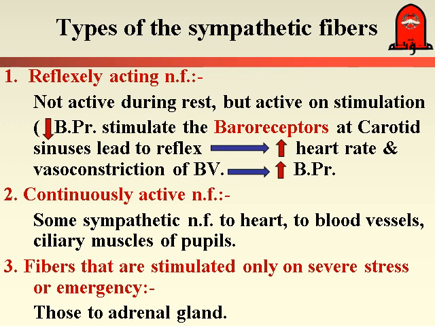These sympathetic fibers, which produce the function of the sympathetic nervous system, are of three types. Either nerve fibers which are silent during rest but act reflexly, like, for example, the fibers that increase the heart rate and blood pressure. Normally, during rest, these nerve fibers do not produce a stimulus.